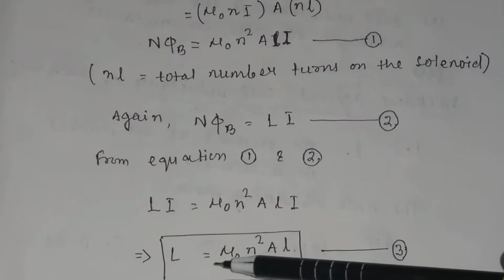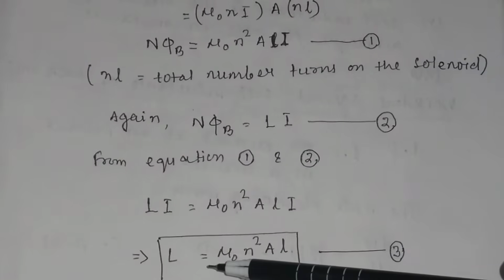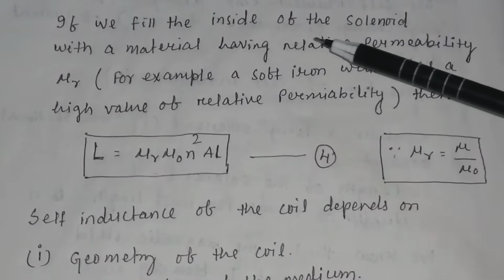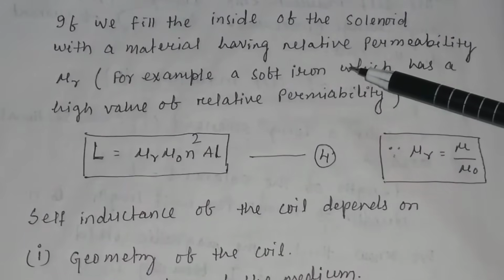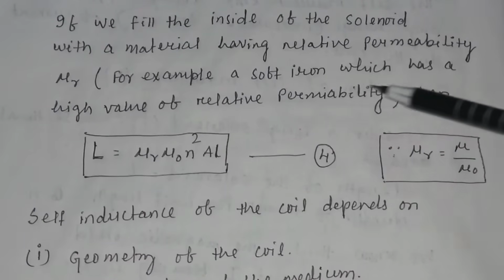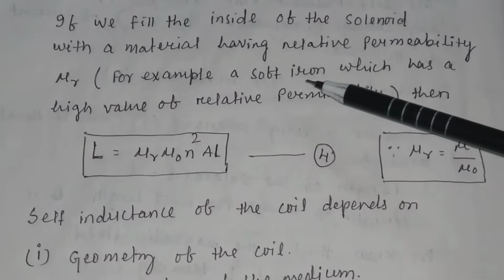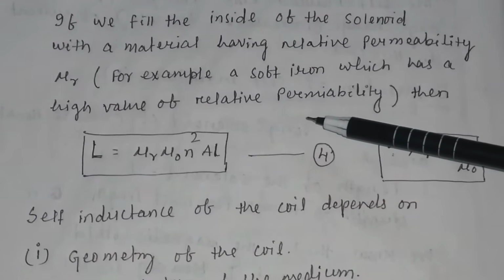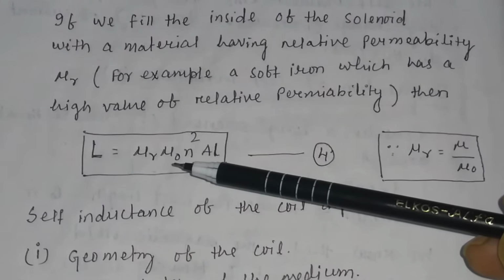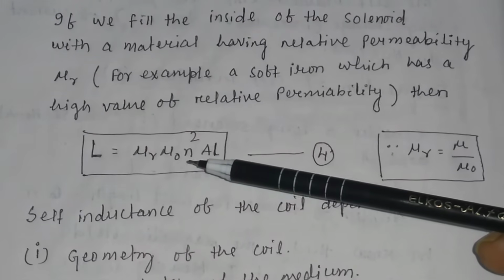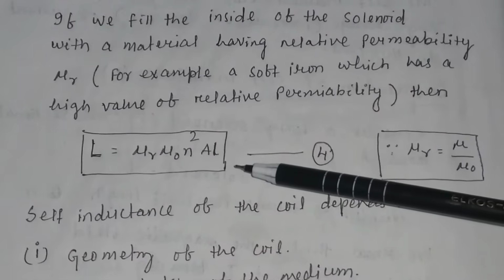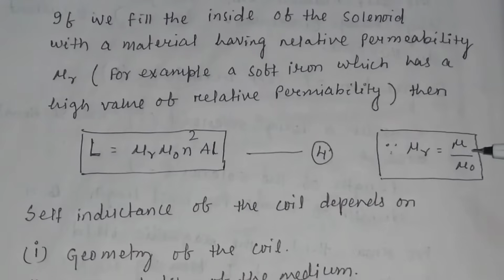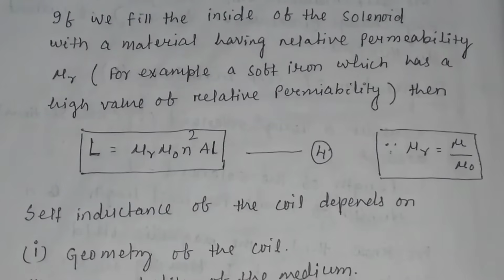This gives the magnitude of the self-inductance L. If we fill the inside of the solenoid with a material having relative permeability μr, for example soft iron which has a high value of relative permeability, then L will be equal to μr μ0 n² A l, because the relative permeability μr is equal to μ divided by μ0.